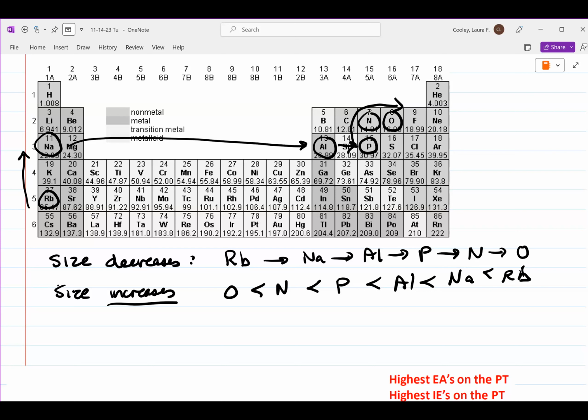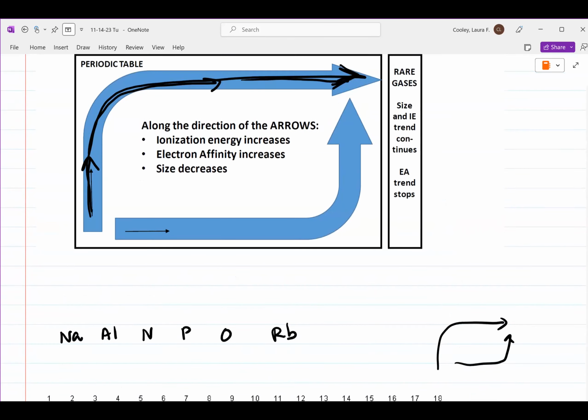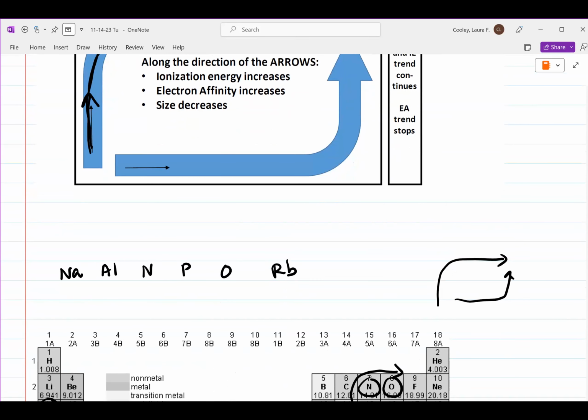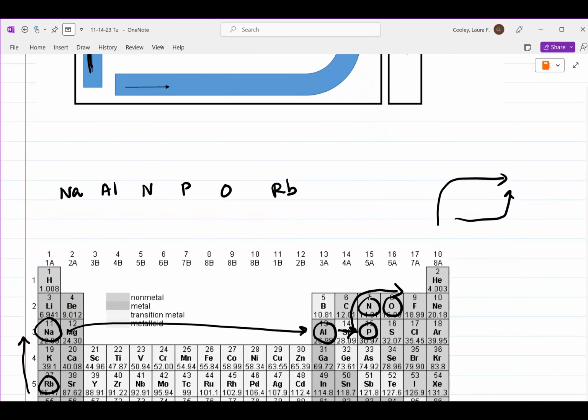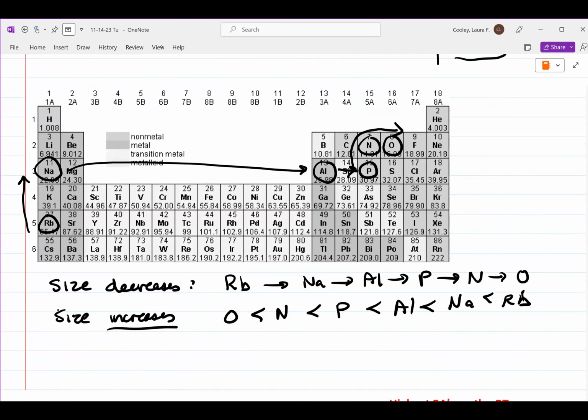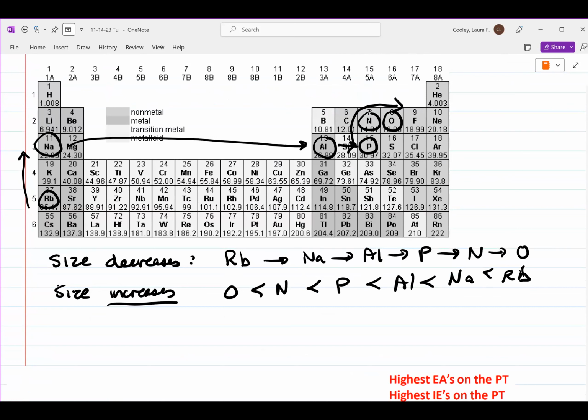And then you would go up from P to N and across from N to O. So as long as you're going in the up or across direction, the trend is not changing. Size is decreasing, or the ionization energy is increasing, or the electron affinity is increasing. So anyway, that's a very good way to answer those types of questions.